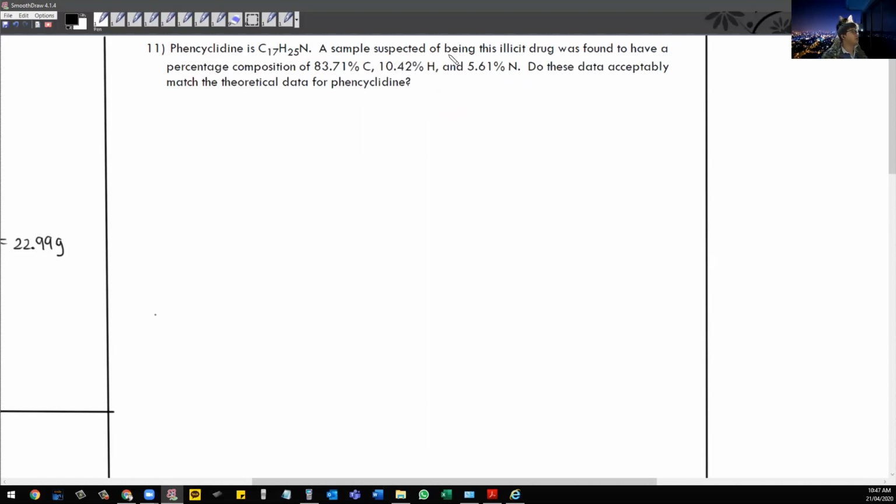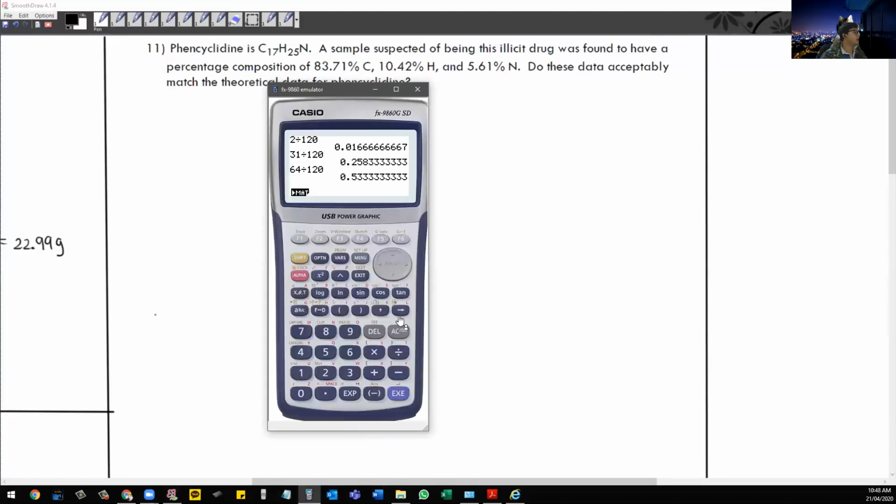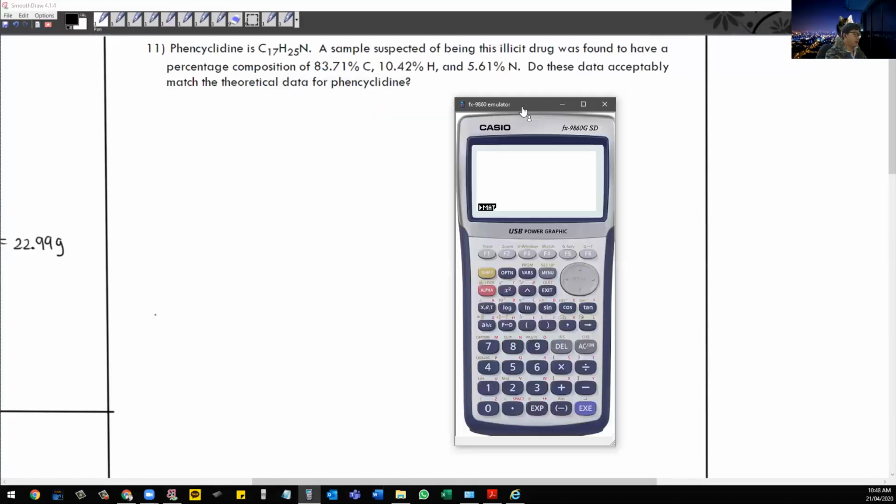A sample suspected of being this illicit drug was found to have a percentage composition of 83.71, 10.42, and then 5.61. So if you add them up, do you get 100%? Let's double check. So 83.71 plus 10.42 plus 5.61. Yeah, pretty much 100%.